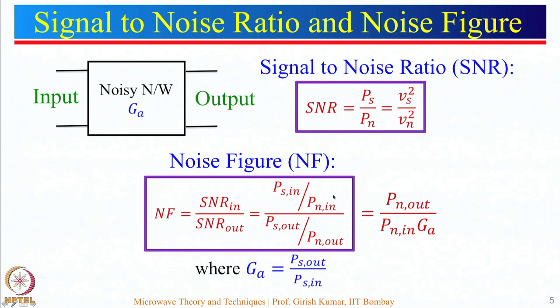You can see from here, and signal to noise ratio at output will be given by this particular expression. Simplify this further, that comes out to be Pn out divided by Pn in multiplied by Ga. What is Ga? Ga is nothing but gain of this particular amplifier, and that is equal to Ps out divided by Ps in.